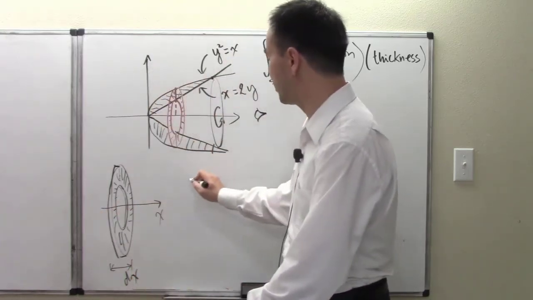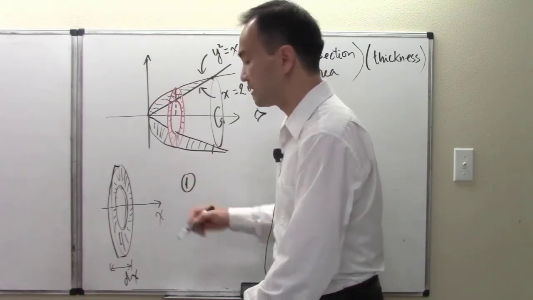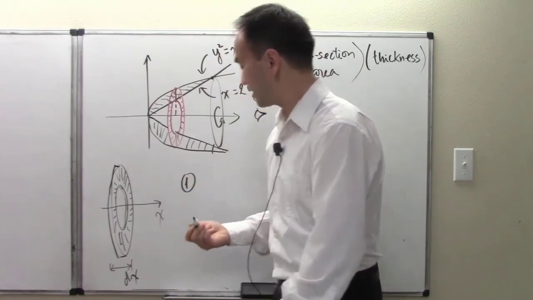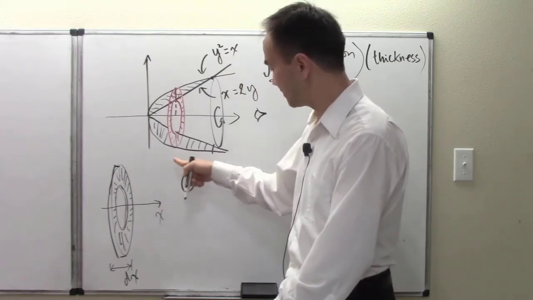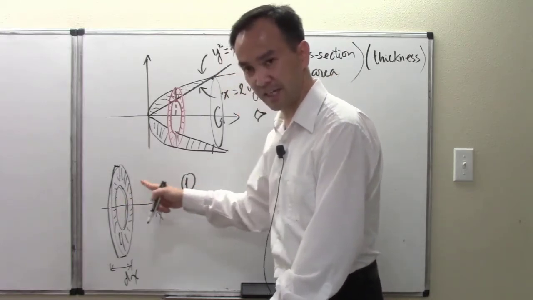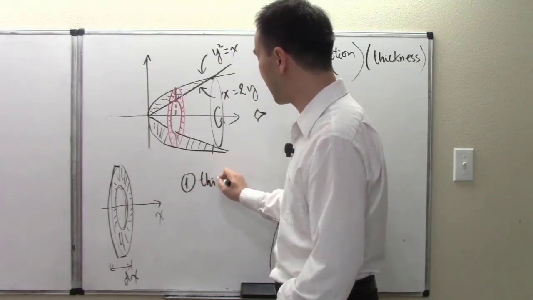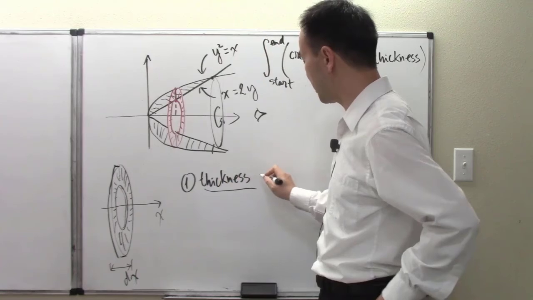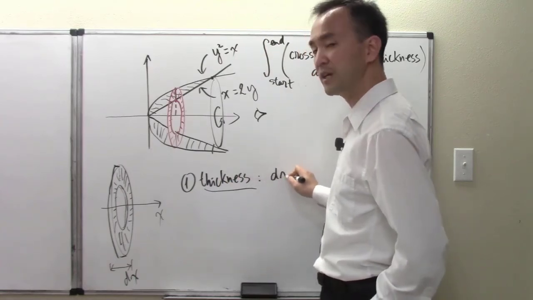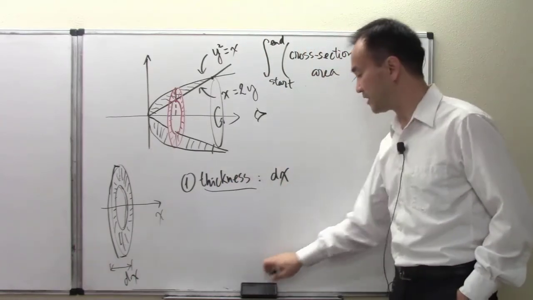Just to be consistent with the steps I pointed out in my general discussion lecture, in my personal experience, finding the thickness is the easiest. So the thickness of each of our washers, as I just explained, is realized to be dx.